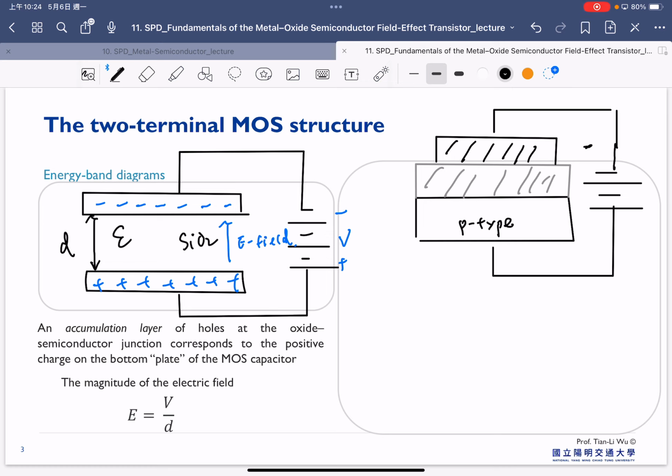So this is minus, this is positive, and this is our voltage. Since we have negative on top, the negative bias will attract the positive charge, which will be the holes.